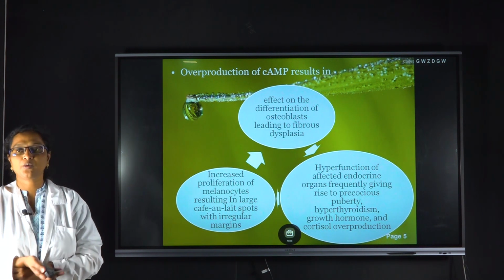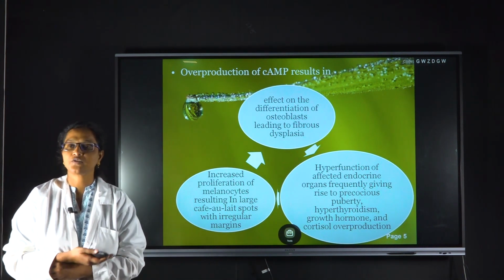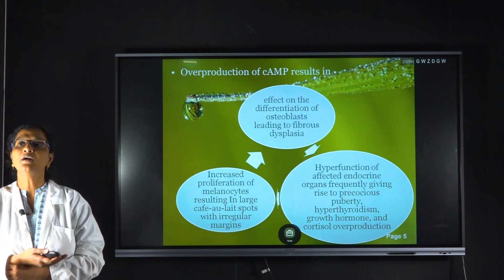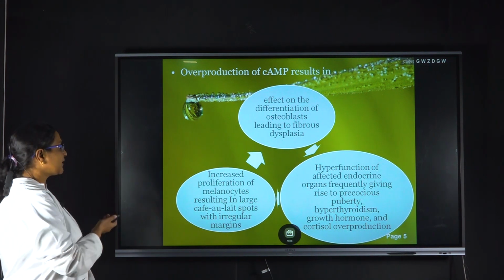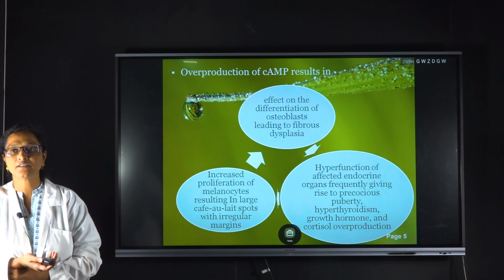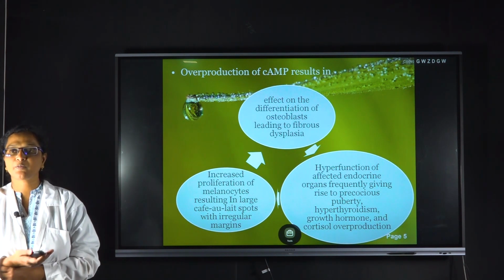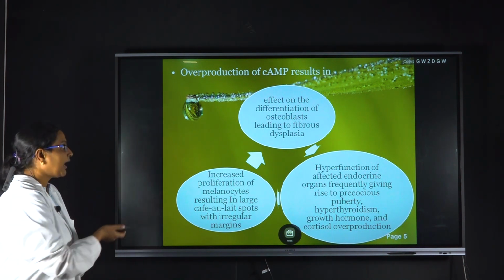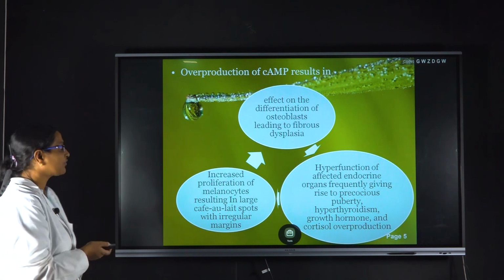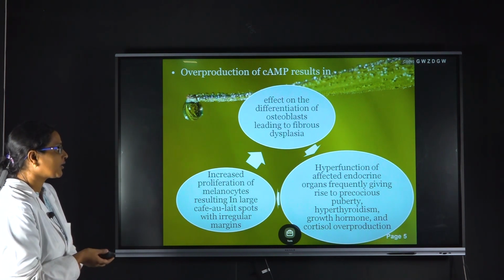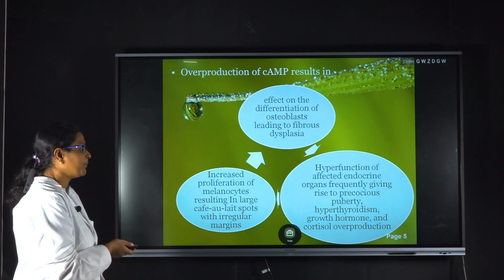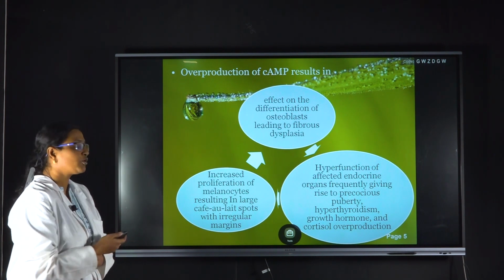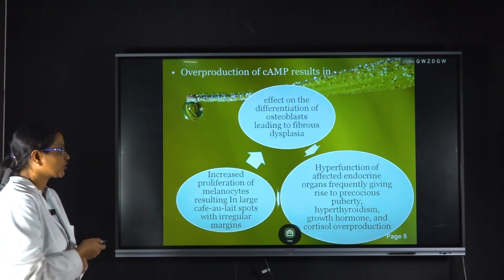Other than the osteoblast, this overproduction of cyclic AMP also has an effect on the melanocytes. So there is increased proliferation of the melanocytes, which leads to the cafe au lait spots in this disease. And then we also see hyperfunction of the affected endocrine organs, which gives rise to precocious puberty, hyperthyroidism, growth hormone and cortisol overproduction.